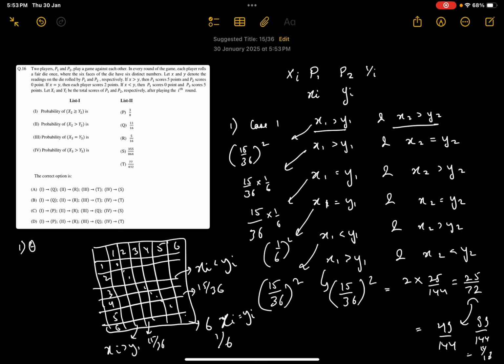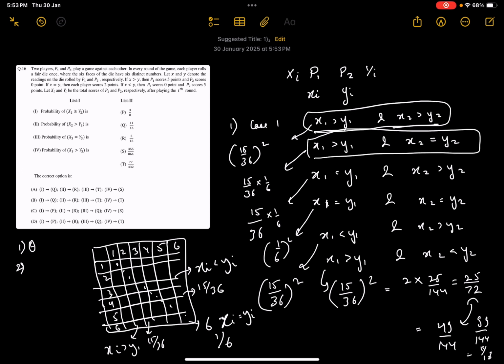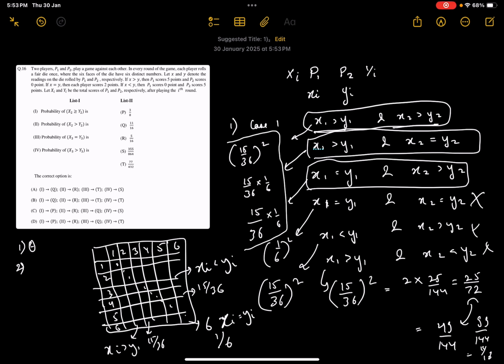First answer is Q. For the second, we have the probability of X2 greater than Y2. So that includes this case, this case, this case, not this one, not this one, not this one. So we have these three cases, which means 49 by 144 minus 1 by 36.